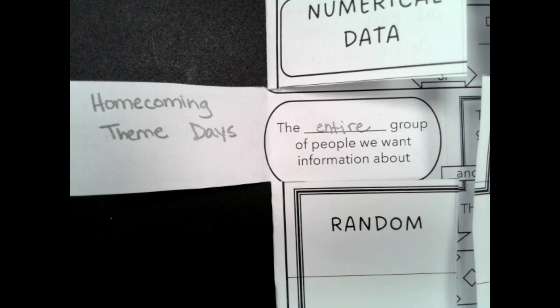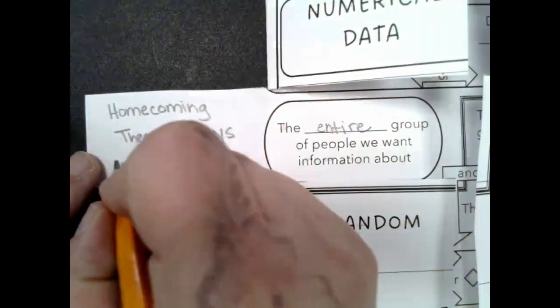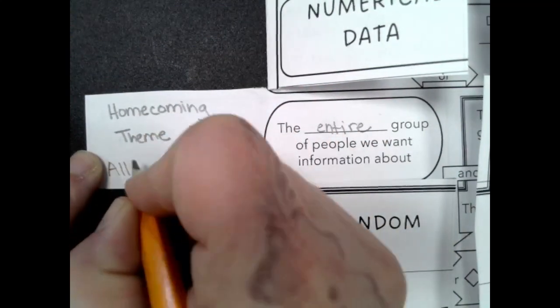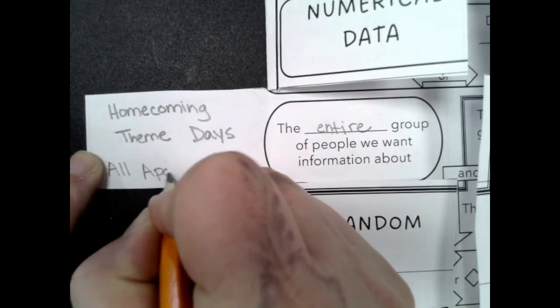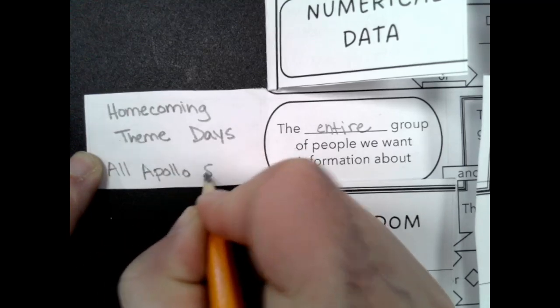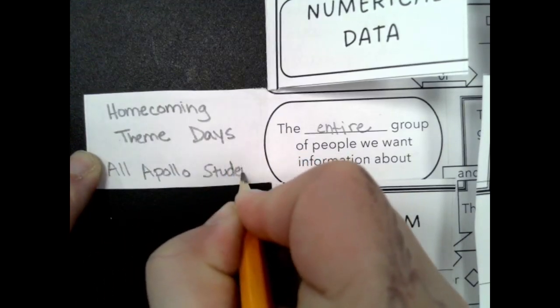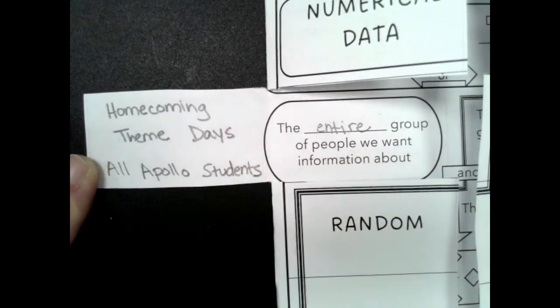Do they just want to know what Nick thinks the homecoming themes should be? Do they just want to know about the 9th graders? No, they want all the students. Do they want all Minnesota students to be asked what our homecoming theme should be? No, just Apollo. So all Apollo students would be the population. We'd want to know about the Apollo students, what they think.